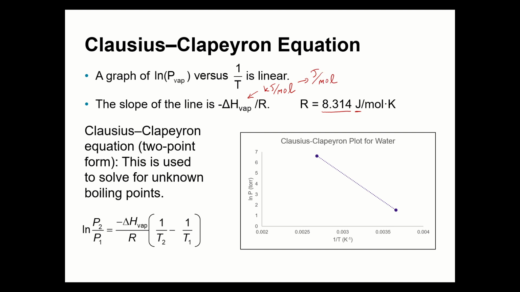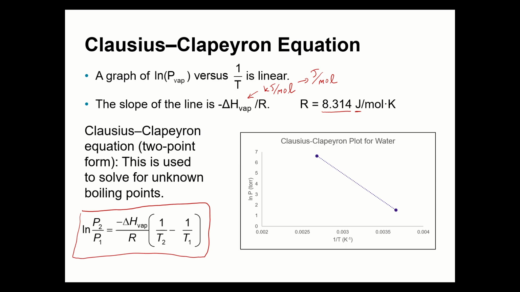Okay. Now, the Clausius-Clapeyron equation is listed down here in the bottom left-hand corner. We're going to take the natural log of the ratio of two pressures. And remember that P1 and T1 represent your initial conditions, so your initial pressure and initial temperature. And then the subscripted 2's represent your final conditions.